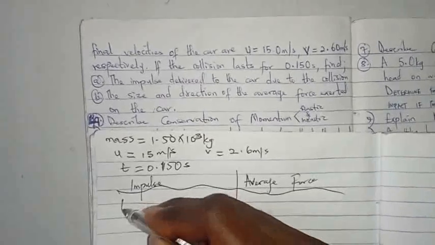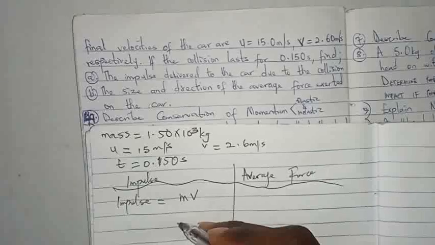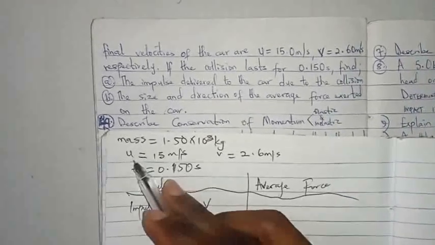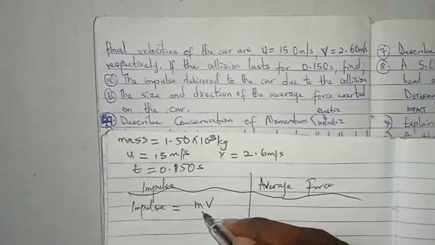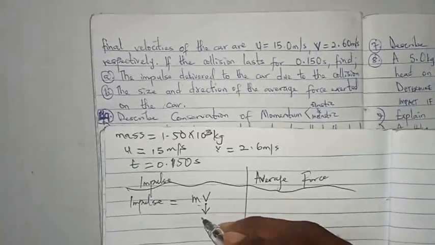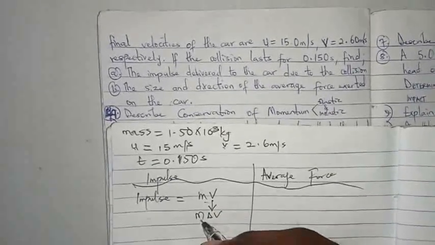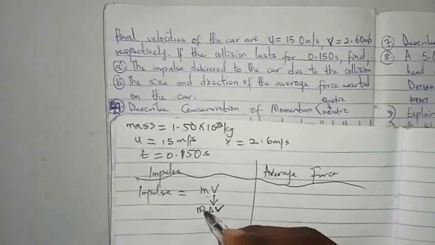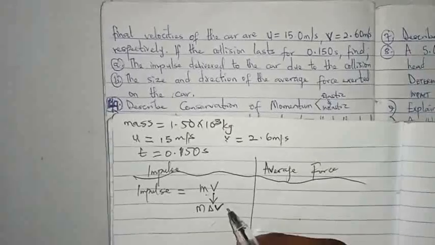So impulse equals to change in mv. Remember that in this case, I have final and initial velocity, so momentum can be mass times change in velocity. And remember, I told you linear momentum deals with one mass. Once you start dealing with more than one mass, it's no longer linear momentum but conservation of momentum.